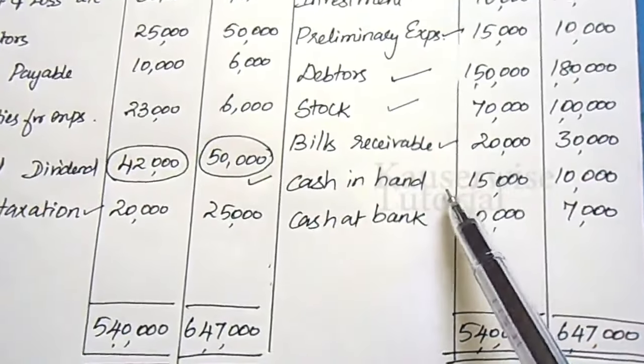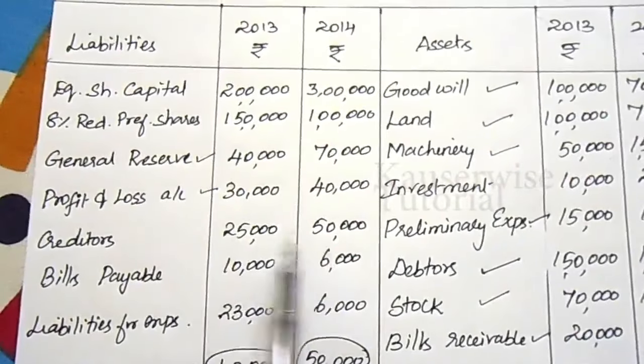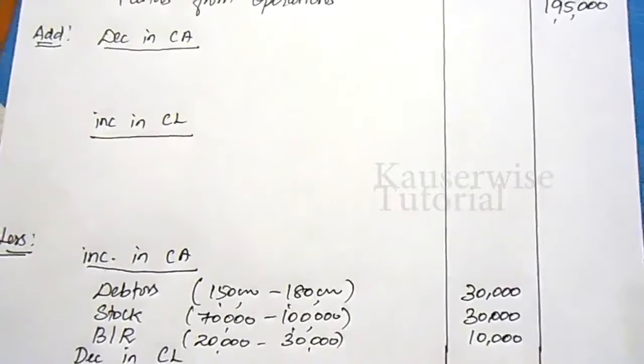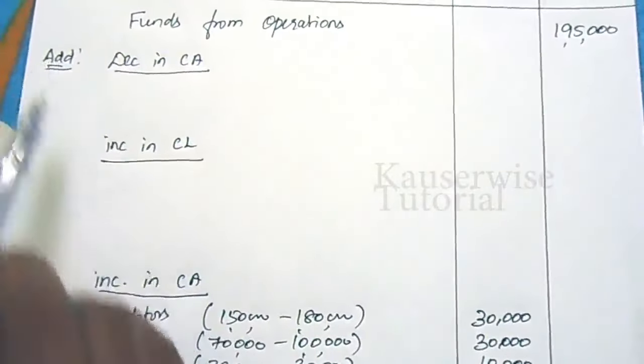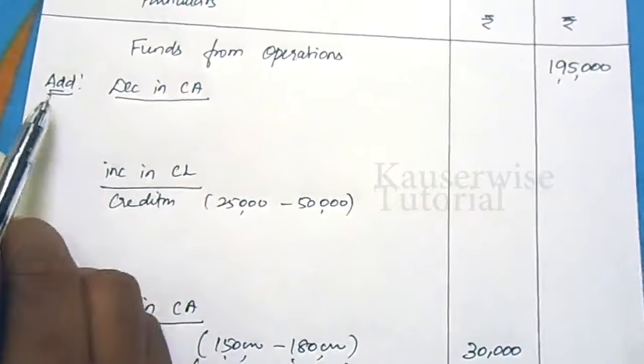Okay, now look at the current liabilities. Creditors. Last year 25,000. This year 50,000 increased. Any increase in current liability, that will be recorded here. That is add item. Under add item, increase in current liability. Last year 25,000. This year 50,000. So 25,000 increased. So increase in current liability will be added back.